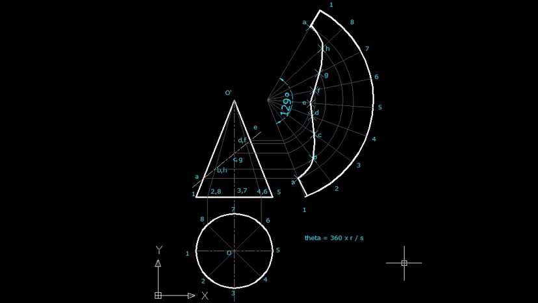Up till now we have seen the development of prism, two problems. This is the first problem on development of cone. Before this we have seen the development of cylinder also. So today we shall stop here only. Thank you.